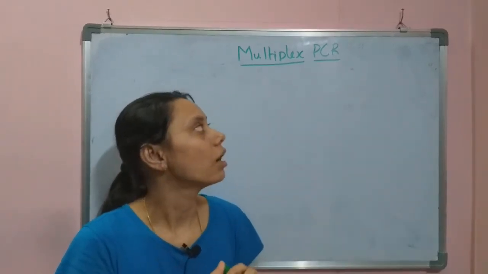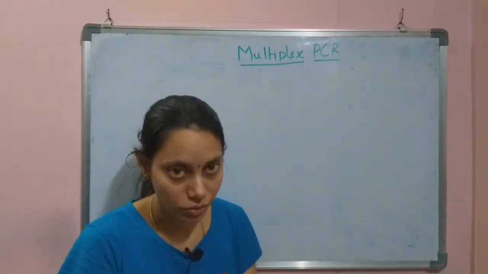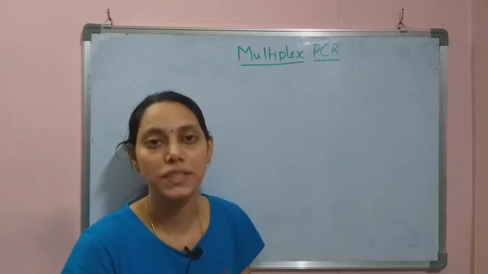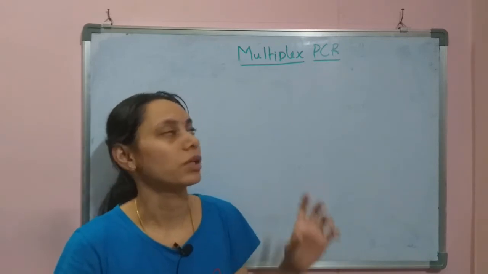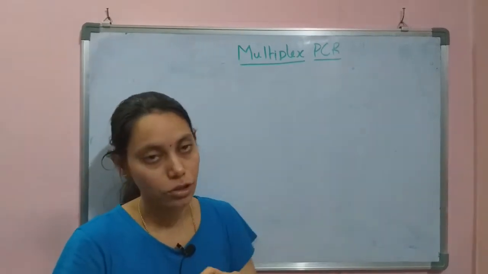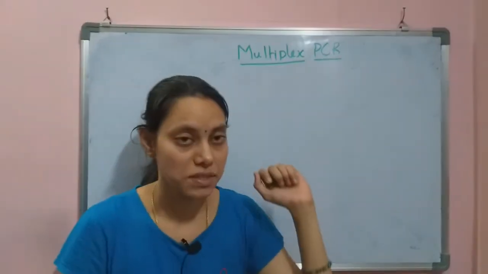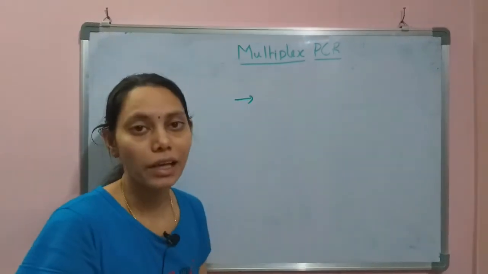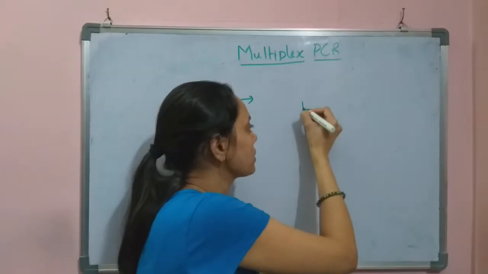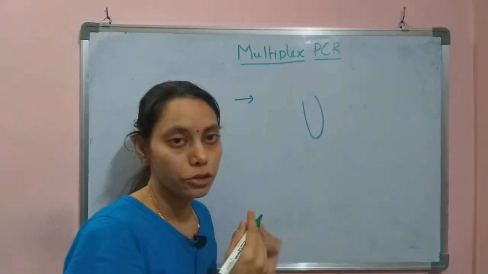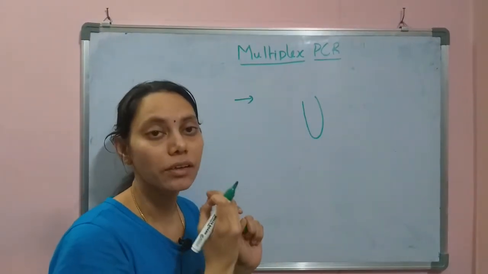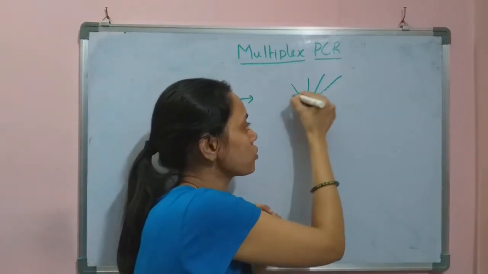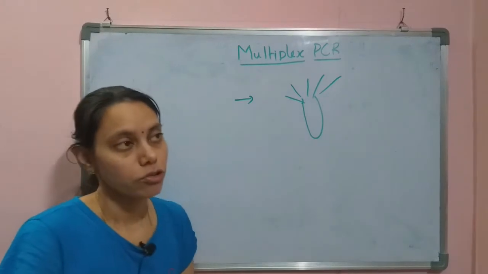That means in a single reaction mixture, if we are going for multiple such PCR reactions, that is nothing but the multiplex PCR. So multiplex PCR is the PCR that is generally carried out in a single reaction tube, with a single reaction mixture, where we are going to have many such PCR reactions.